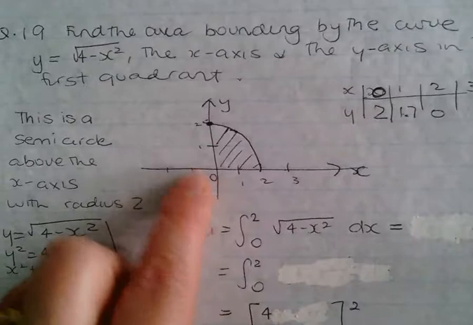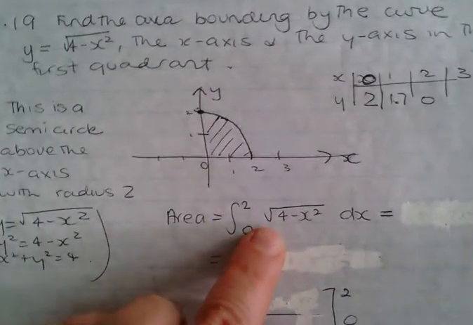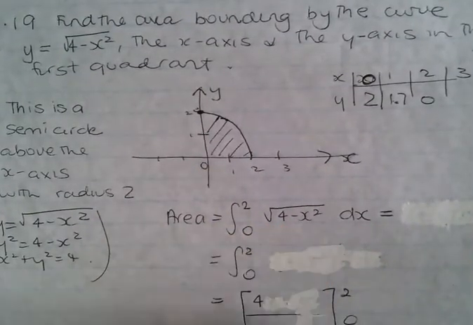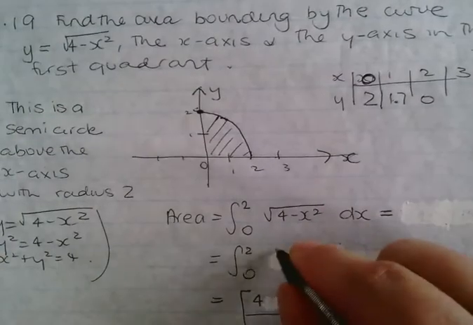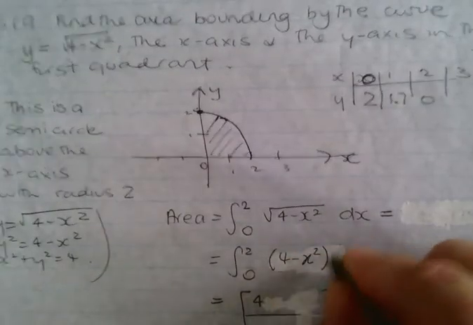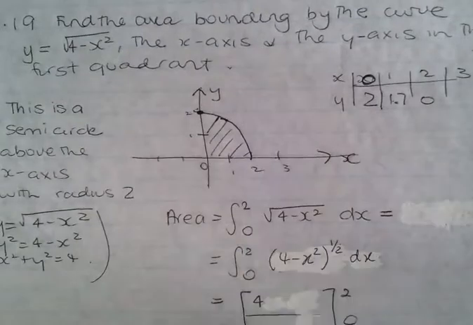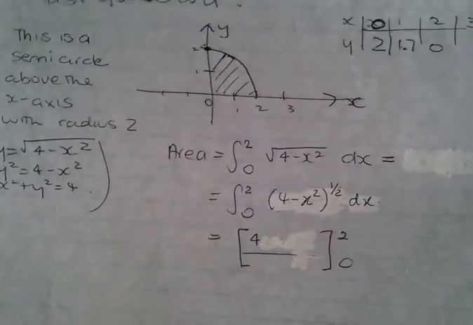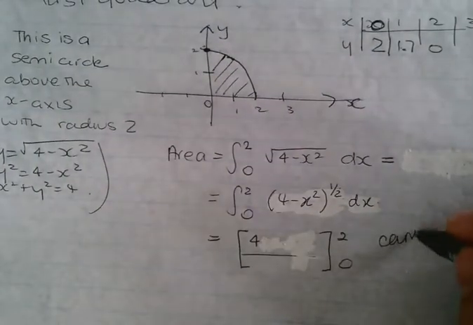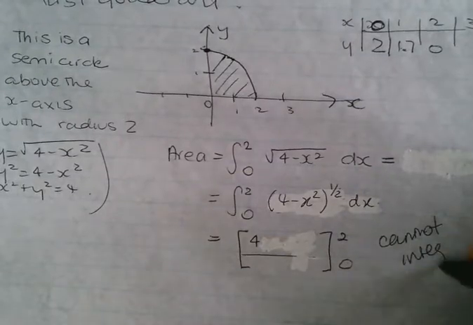Yes, you know it's the integral between 2 and 0 of the square root of 4 minus x squared dx. The thing is, we do not have a formula for integrating this. Tell me why. Why can you not integrate this?